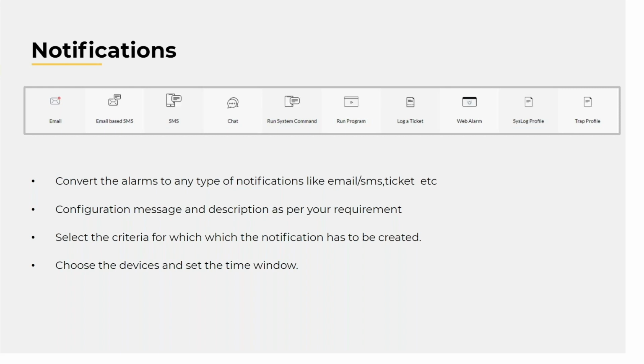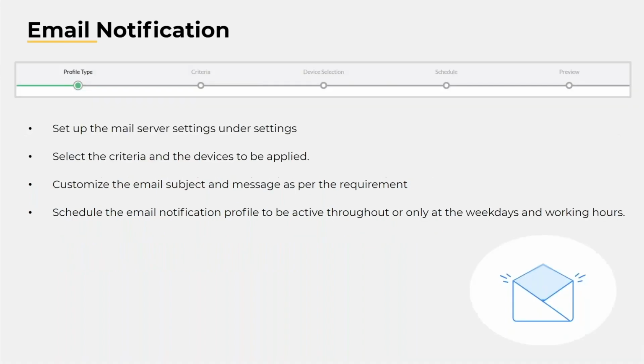You can use various notifications that we have. First and foremost is the email notification. This is the generic one, where you can set up a mail server, and depending on the mail server, one can trigger the email notification for any alarm that has been generated.